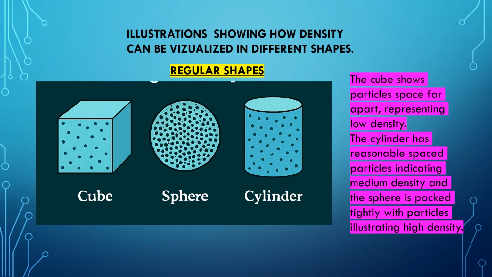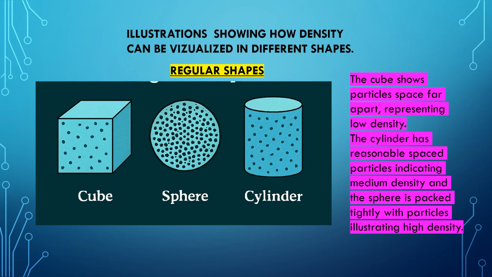Here is an illustration showing how density can be visualized in various shapes. These are some examples of regular shapes. As you can see, there's a cube, a sphere, and a cylinder. By looking at the particles within these objects, you can identify the density for each regular shape.